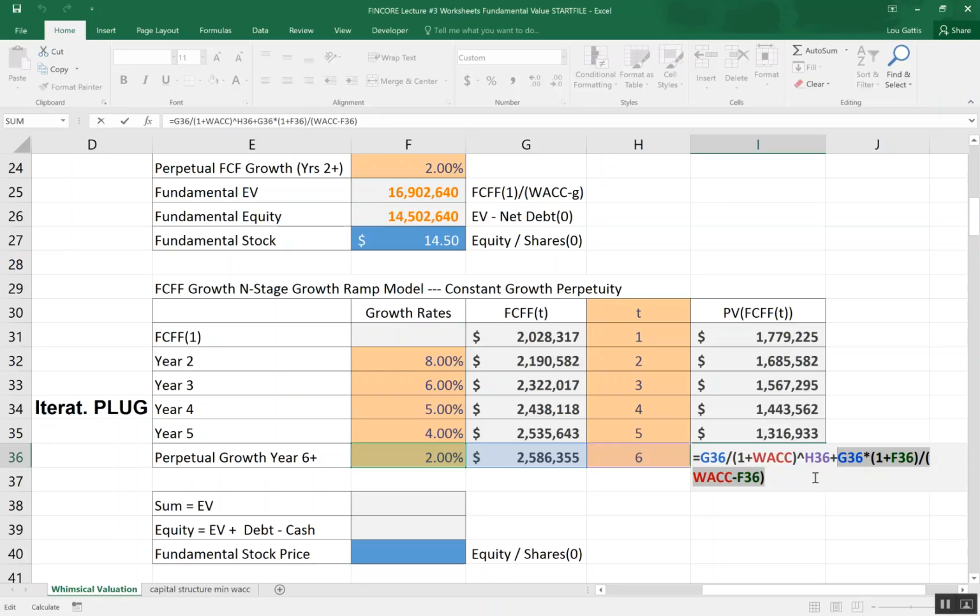Now, if I'm using free cash flows in year 1, the growth perpetuity gives me the value in year 0. However, if I'm looking at cash flow in year 7, it gives me the value of the cash flow in year 6. So I need to take that growth perpetuity value and divide by 1 plus the WACC to the 6th power.